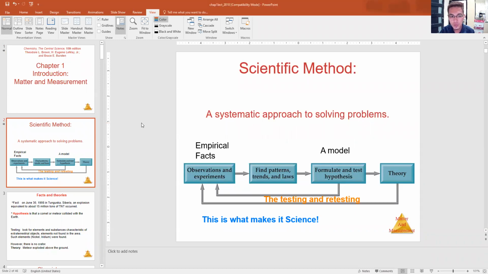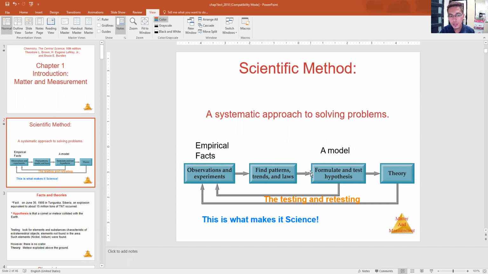Then from that law you come up with another solution on your observation, which is the formulation, and then how to test the hypothesis. Now, after a series of testing, that hypothesis will be formulated as a theory.